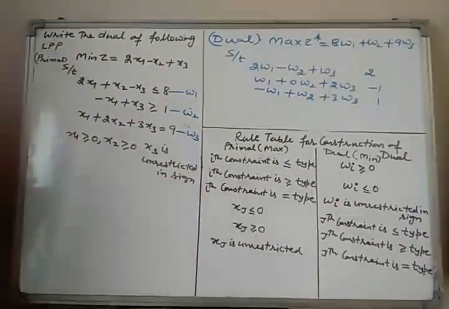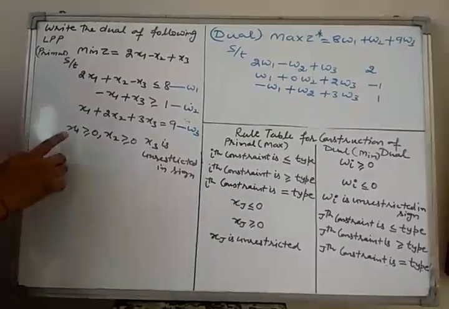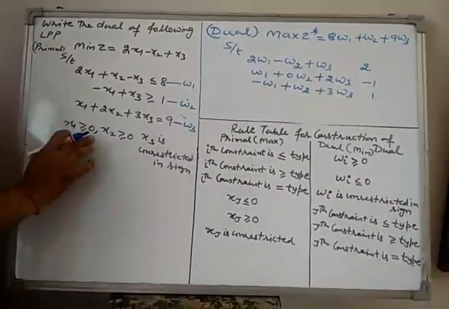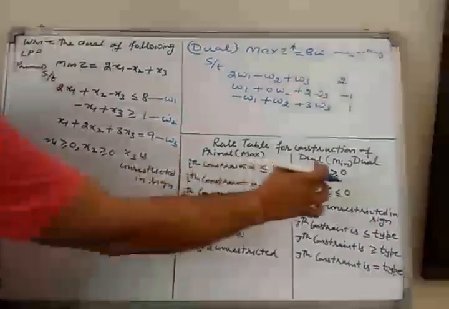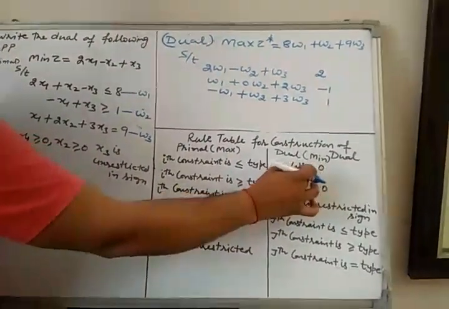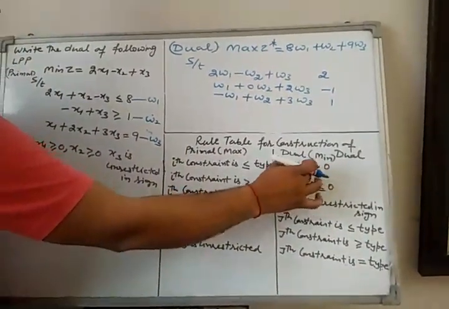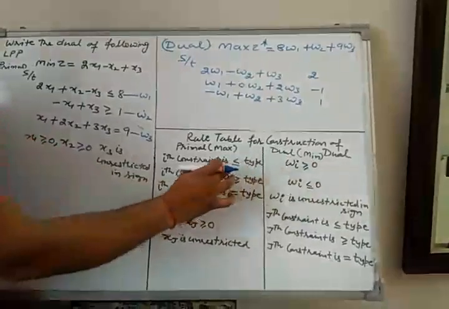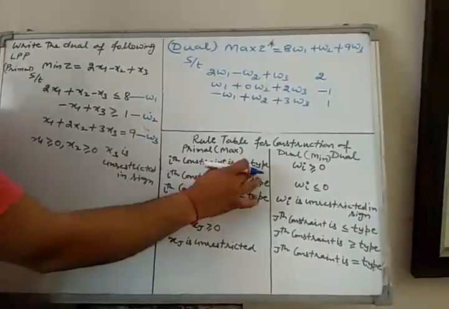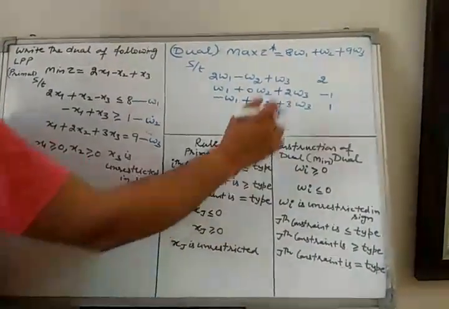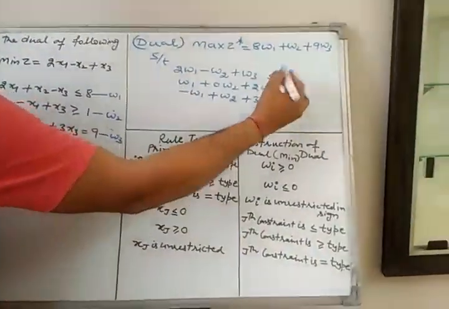First we decide the sign of the dual constraints. The first primal variable is greater than equal to 0. If a variable is greater than equal to 0, then the corresponding constraint is of the less than equal to type. Therefore, the first constraint is of the form less than equal.